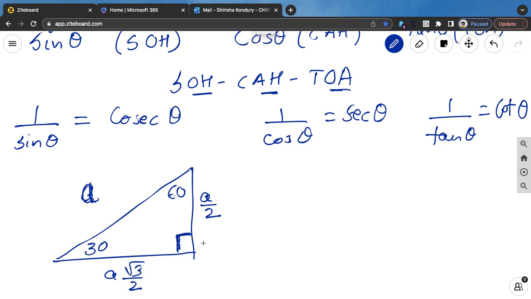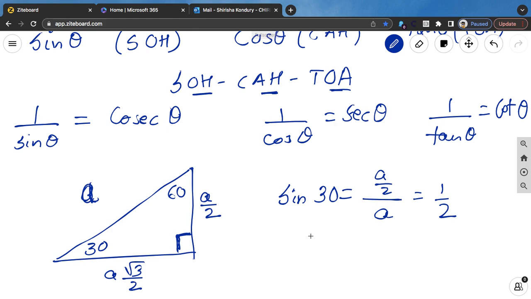Now if I use my definitions of trig ratios, sine 30 will be opposite side upon hypotenuse, which means half.